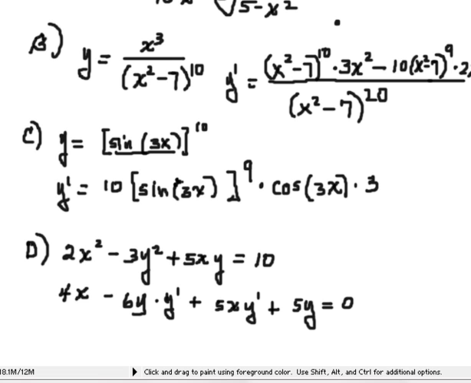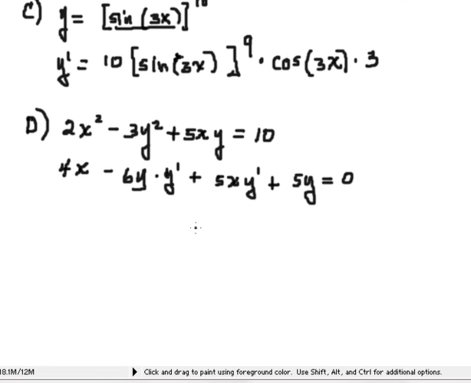And we're going to solve for y prime like we usually do. We factor out y prime from this term and this term, and then we have plus 4x plus 5y equals 0.